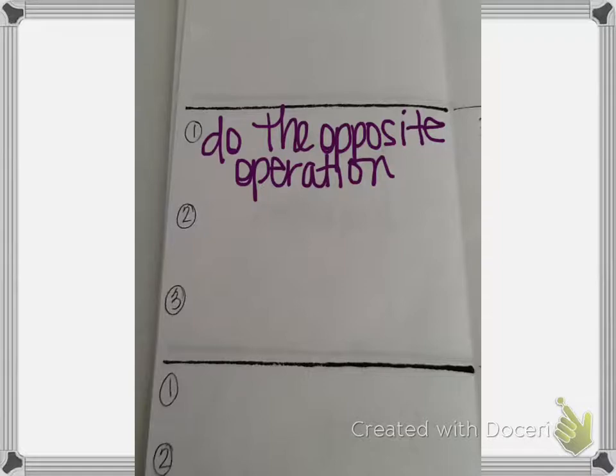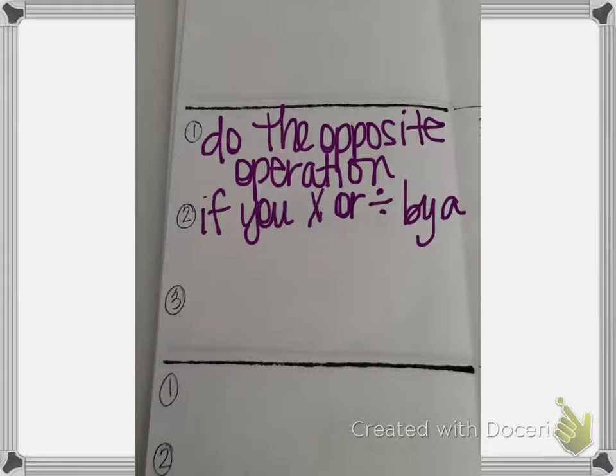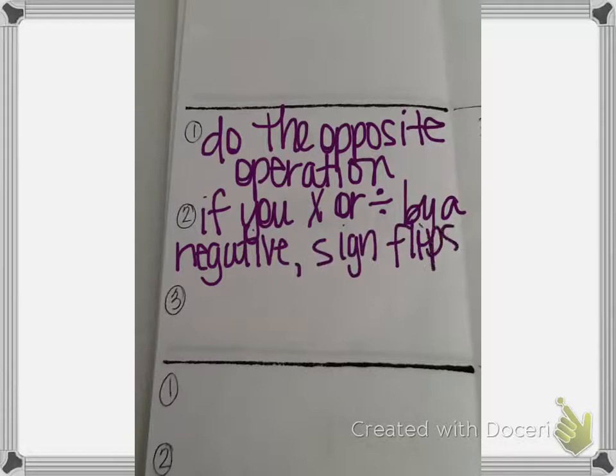Remembering that if we multiply or divide by a negative, our sign flips. And again, we solve and graph it.